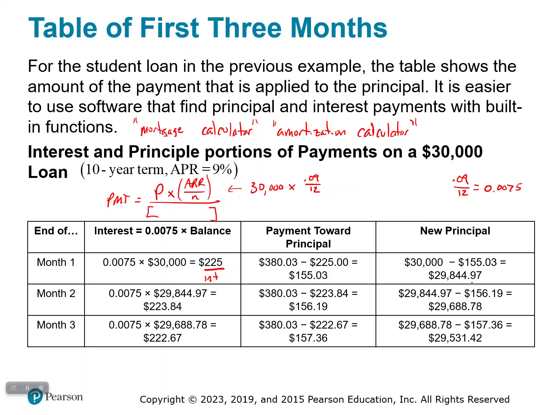Still not awesome, $1 at a time, but you can see how gradually the interest that you pay goes down because gradually the principal goes down. Gradually the amount that you pay towards the principal goes up because that payment is staying the same and the amount of interest is going down.